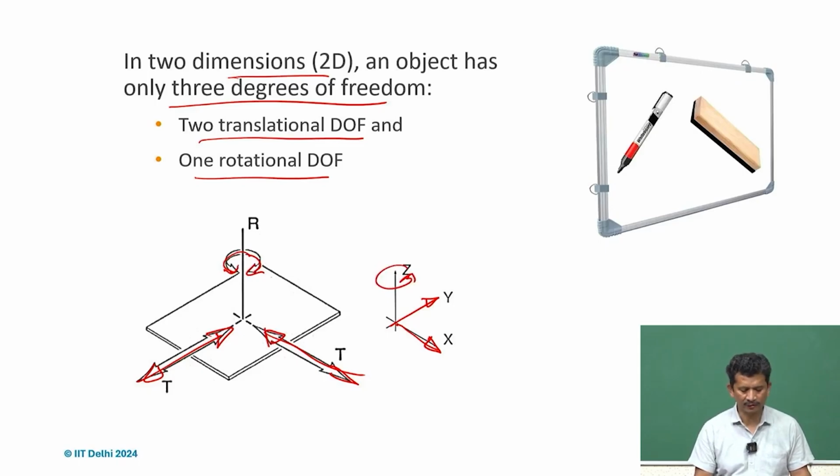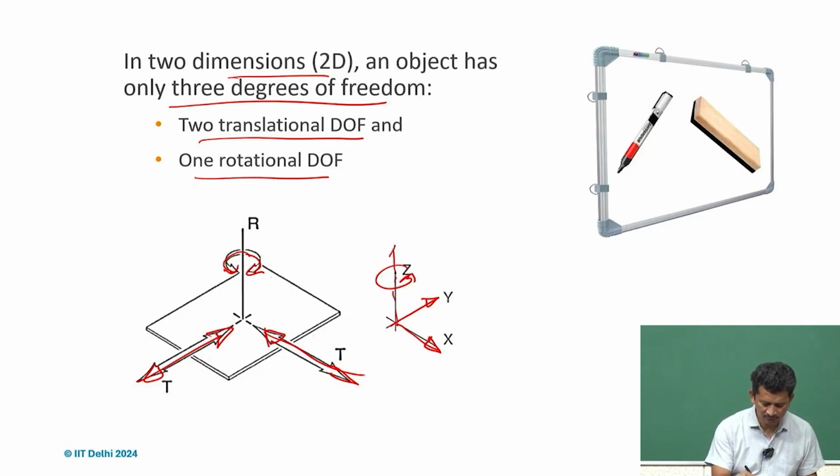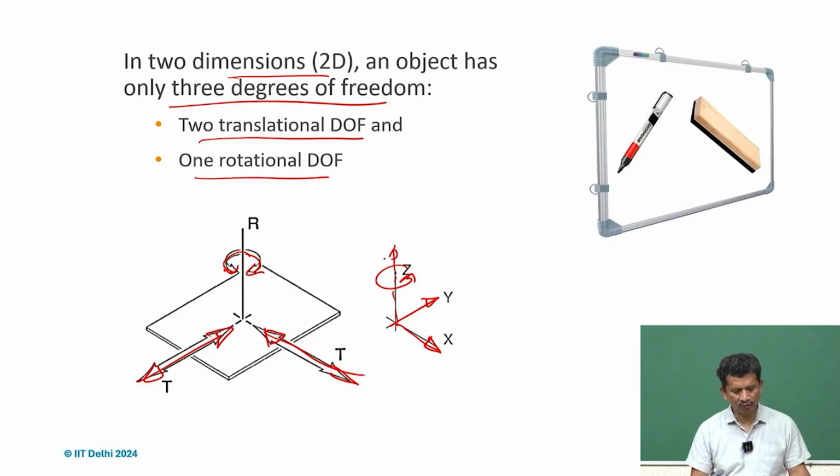When we say planar, it means the object is constrained or restricted to move in a planar surface only. There can be various means, or many times the movement is constrained on the surface itself.